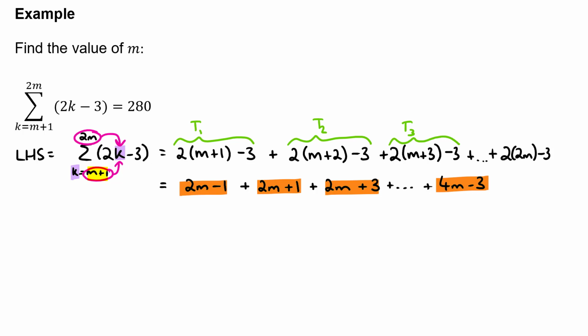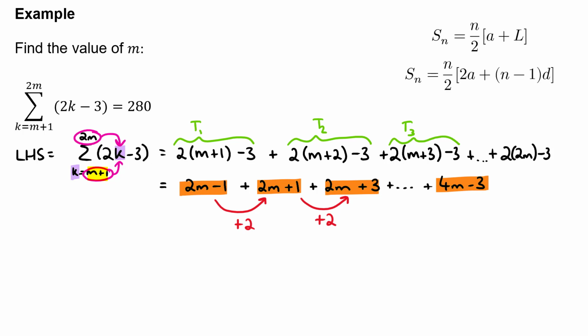Then we need to figure out the kind of series that we're dealing with. And hopefully you see that in every case going up there, it is adding 2 on to the series. So the fact that it's adding a constant difference, we know it's arithmetic. And we know the formula that has to be used when we're dealing with an arithmetic series. The thing though, again, if we want to use our arithmetic series formula, we need to start by figuring out the number of terms that we are adding.